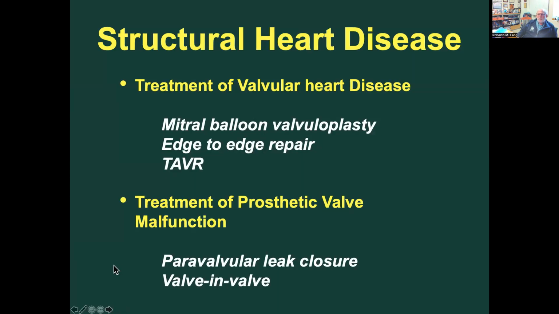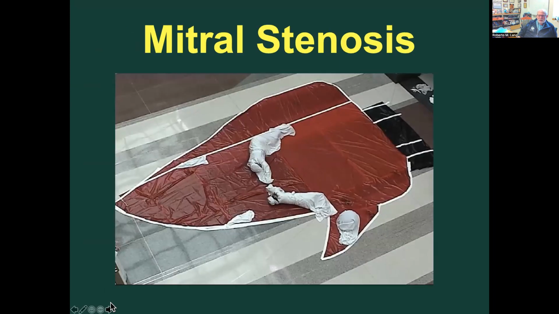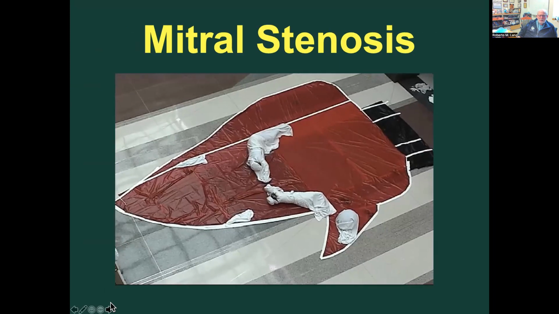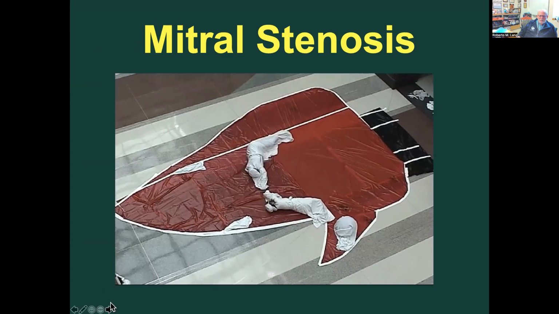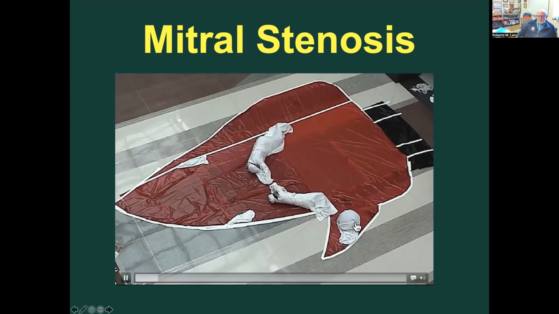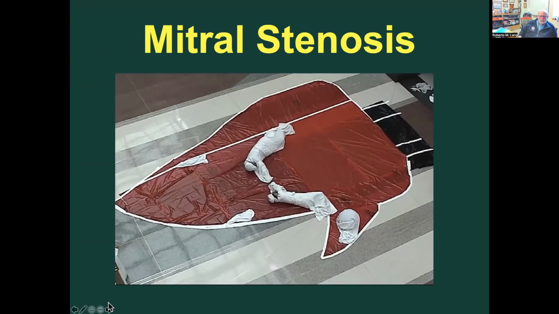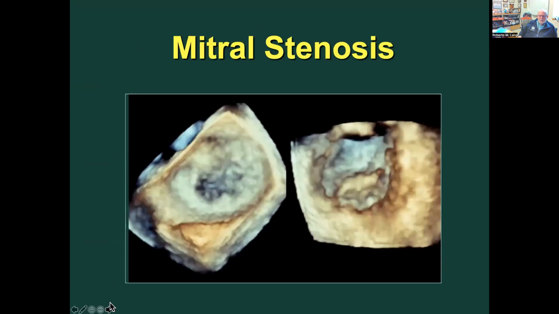Let me just show you some examples of before and after in different cases of structural heart disease. So we're going to start here. You can all recognize this case of mitral stenosis, in which we see in the appendage that there is a thrombus.